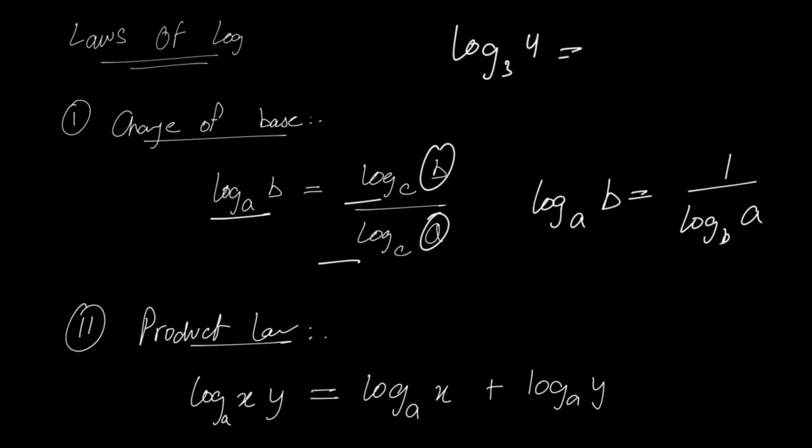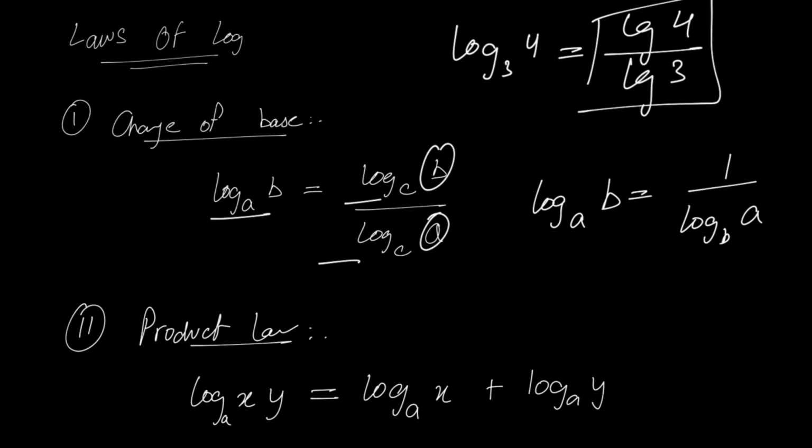Normally it is an easier method to take lg, so you can make it equal to lg 4 upon lg 3. Obviously this is log to the base 10. This will be simpler to solve in questions which we will encounter later. Similarly, if you have log base a of b, you can reciprocate it, and you will get log base b of a.